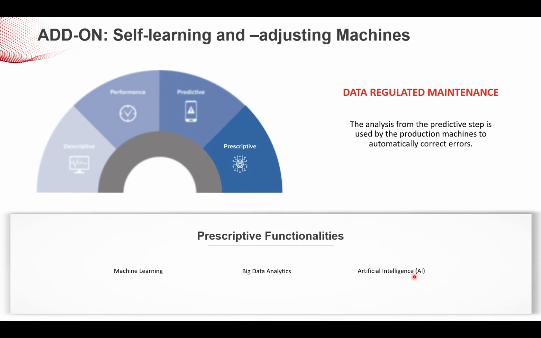So the last part here on these add-on packages is the machine learning part, big data analytics, and our AR functionality. So here you have multiple inputs to the DIAP platform, it's running in the production. And these are the input parameters, and you have output parameters. It could be quality, could be speed, et cetera.